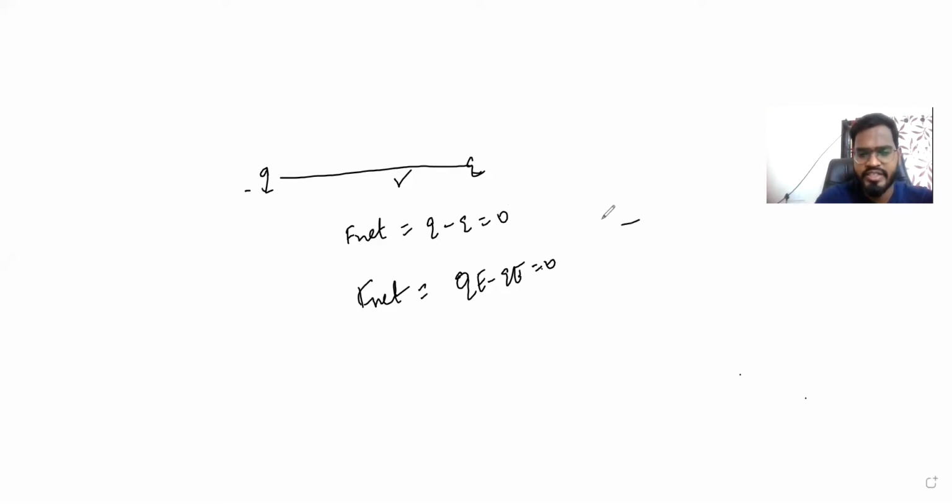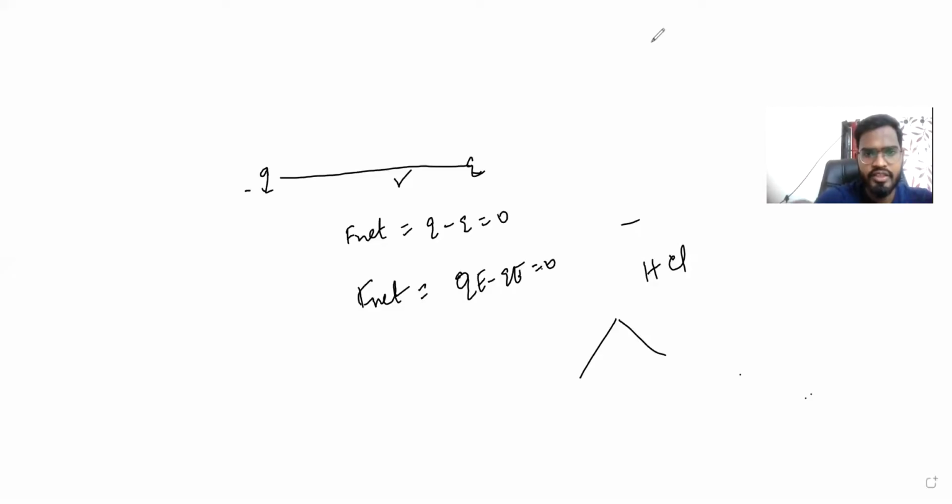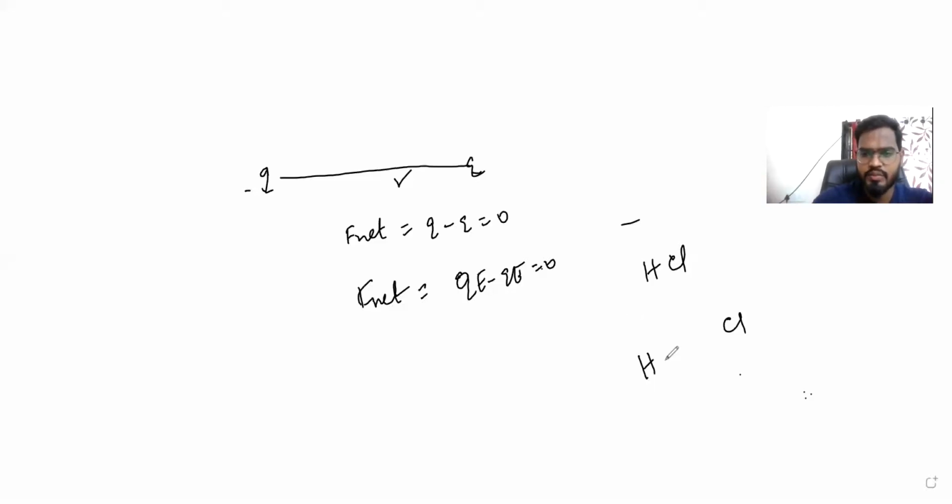Before that we can see some examples like HCl. H is positive, Cl is negative. So one charge is positive, one charge is negative: H plus, Cl minus.